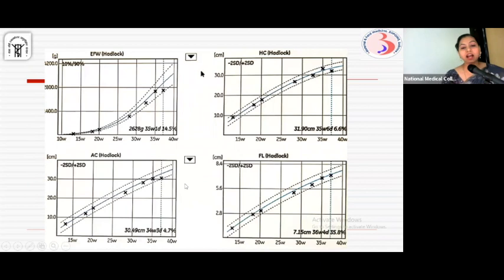We see the graph of this patient: estimated fetal weight at 14.5%, but the growth is static, with AC at 4.7% and also static.